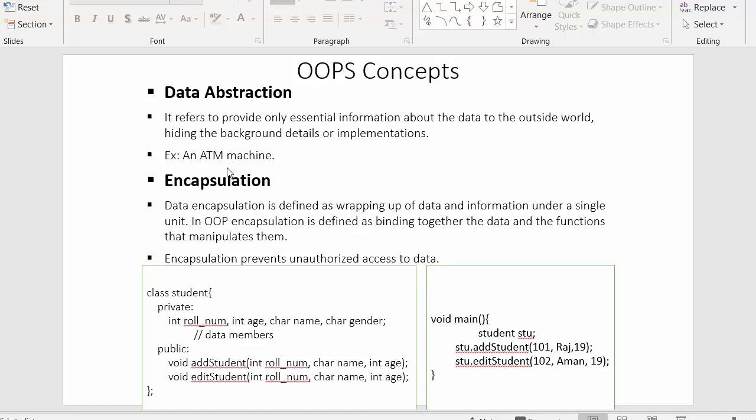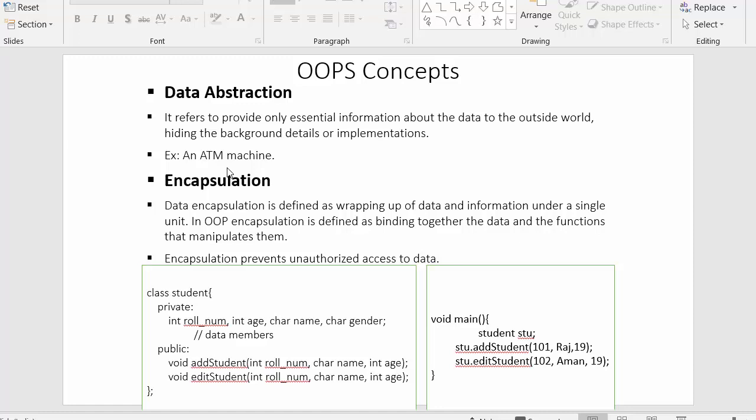Now let us take an example of an ATM machine, which is also an automated machine. A person has an account in a bank and wants to withdraw money from the ATM of that bank. That person has also taken a loan from that bank. His major concern is only to withdraw money when he visits the ATM.